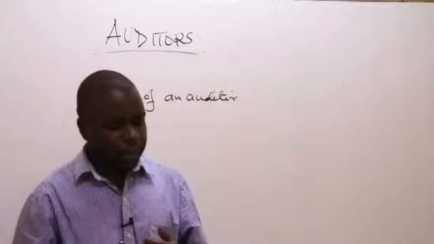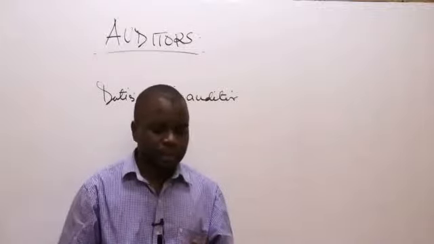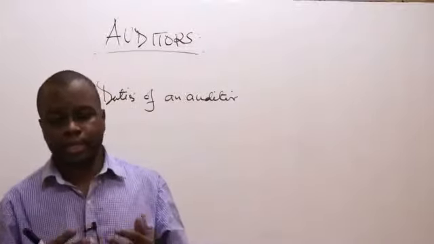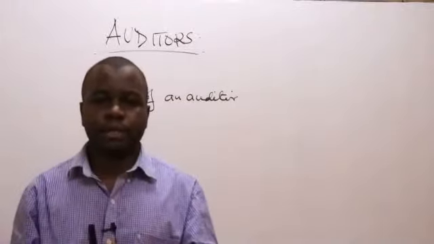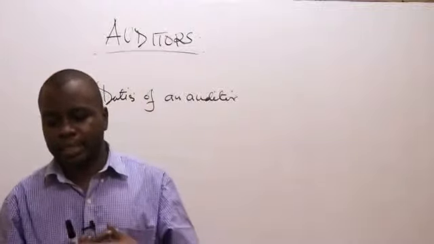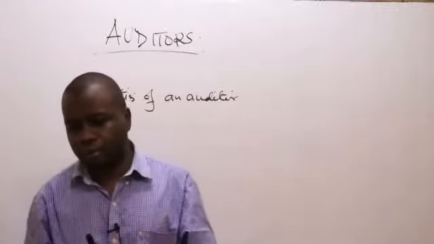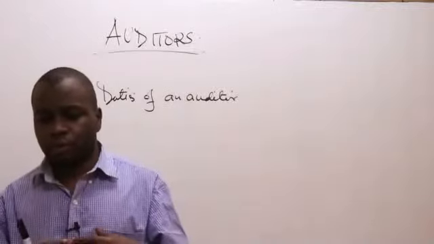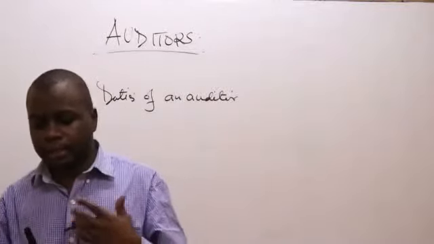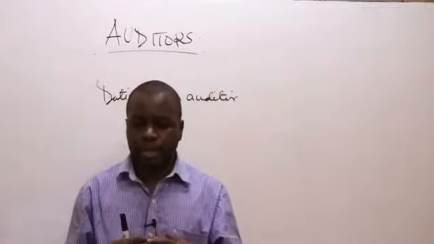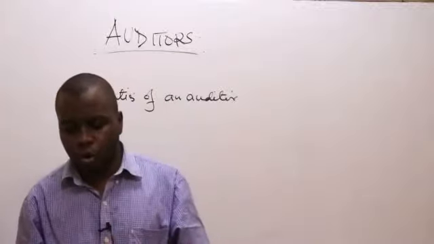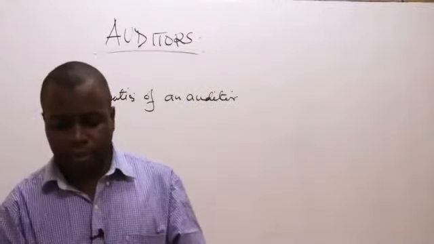Then number three, which is also very key, is to carry out his work with honesty and ensure that he's doing it with reasonable care and skill expected of a person of his profession, or of his capacity, while he's carrying out work as an auditor of any company.